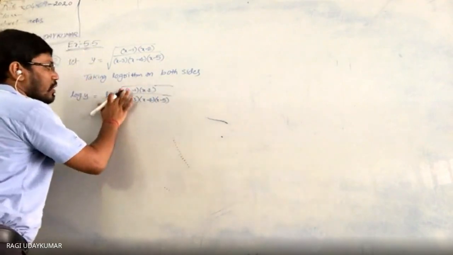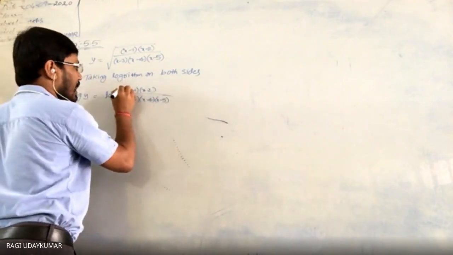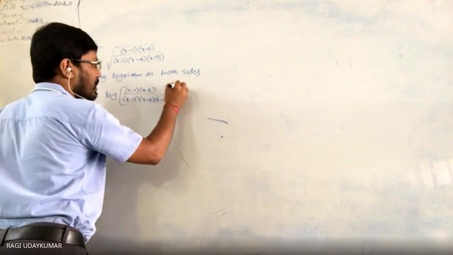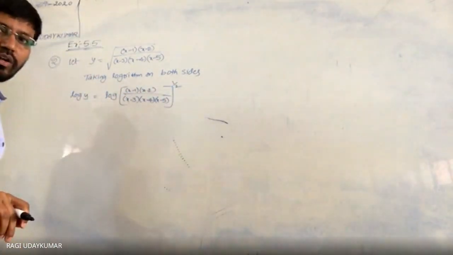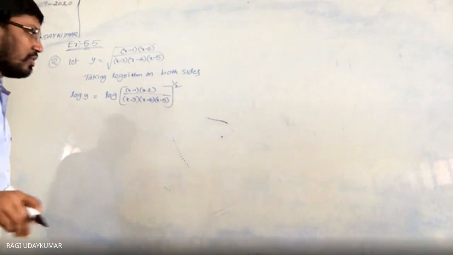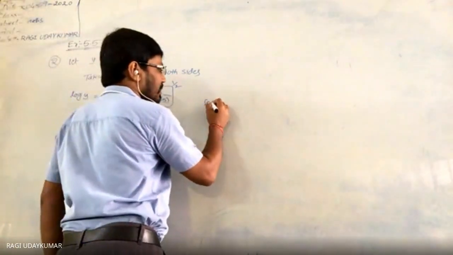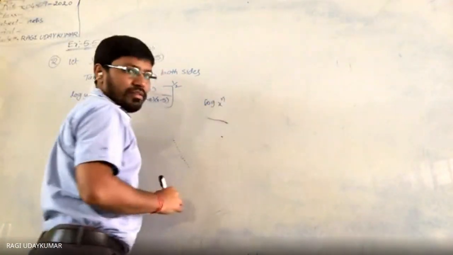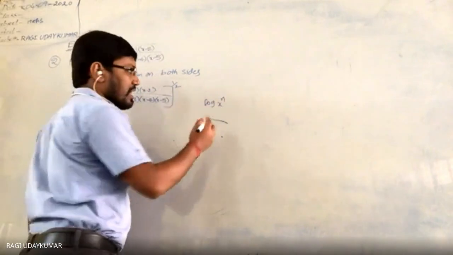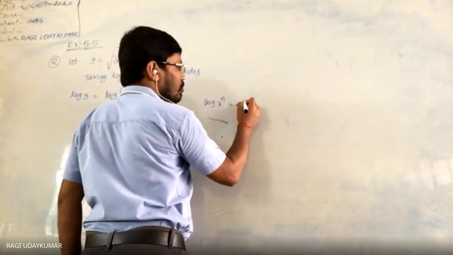So this under root is nothing but, can you write it as to the power of 1 by 2? No? Under root can be written as to the power of 1 by 2. And yesterday in the properties of logarithm we learned that logarithm of x to the power of n can be written as n into logarithm of x.